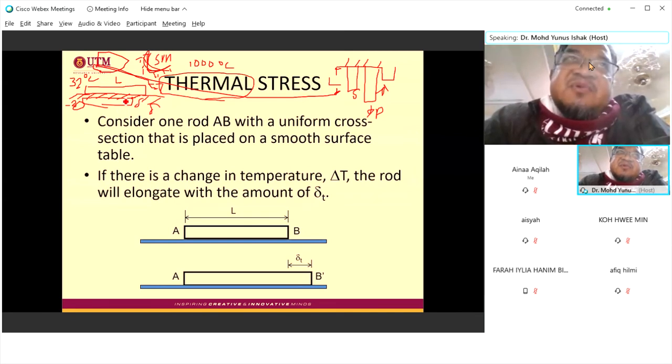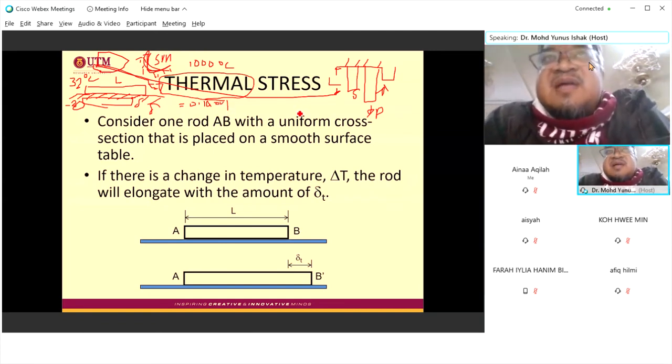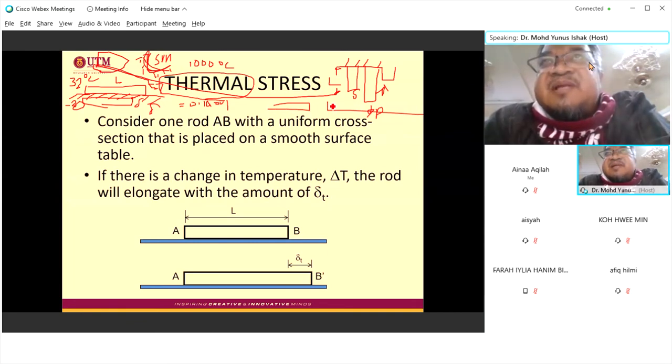And the same goes to during the winter, or you bring it to Mount Kinabalu, cold wind. Even though the deformation is small, 0.001 millimeter, it is still called deformation.